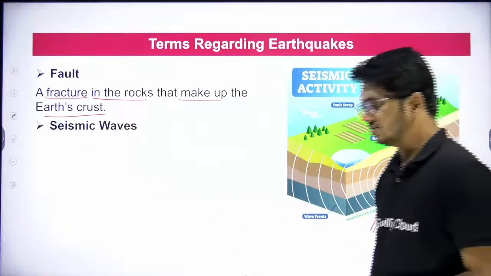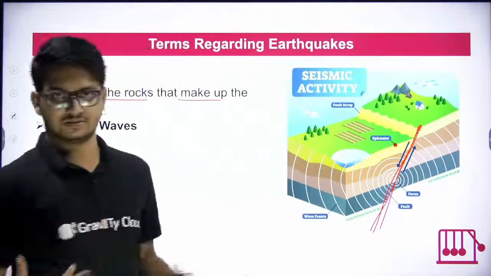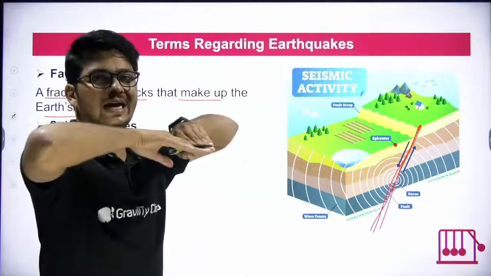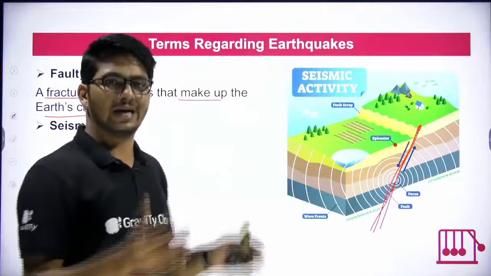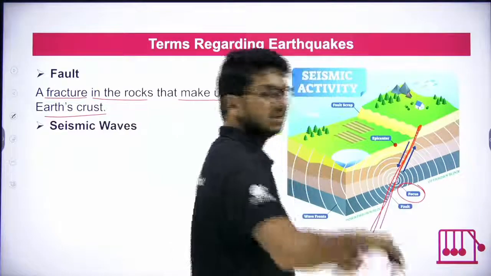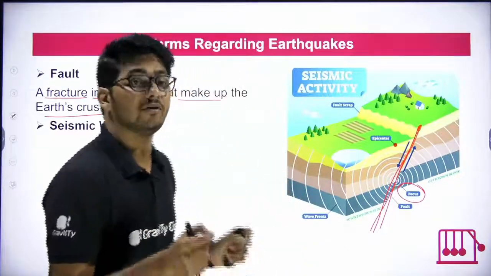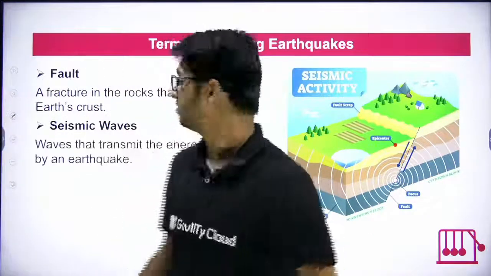Then you have seismic waves. Earthquake shaking spreads. When two ships collide, the complete boat shakes, which means the disturbance is spreading. Similarly, if the earthquake occurs at the focus, the shaking will spread in the form of waves, and those waves are called seismic waves.